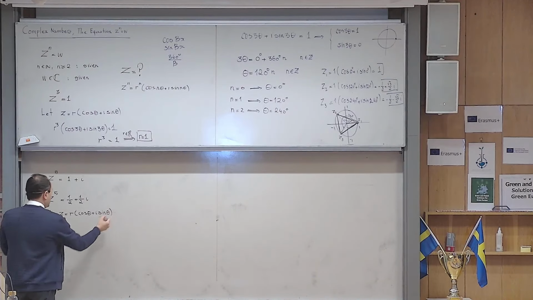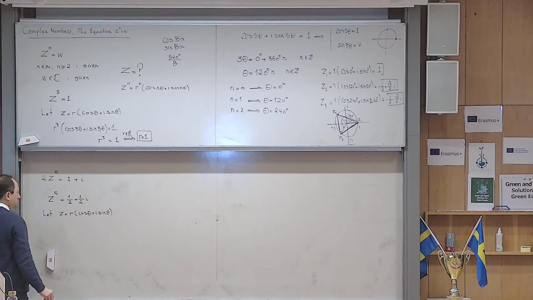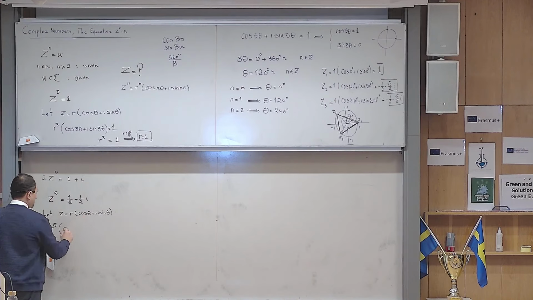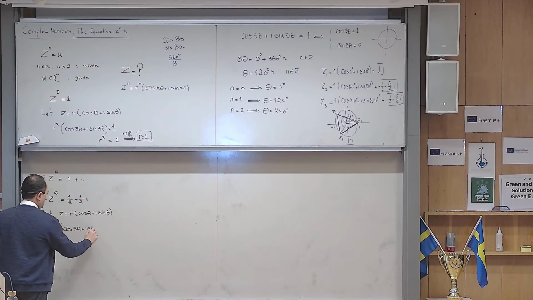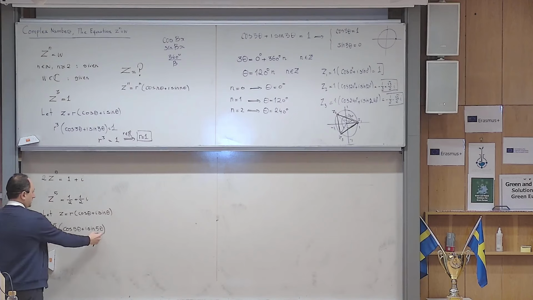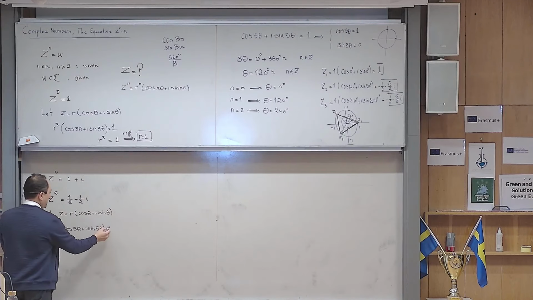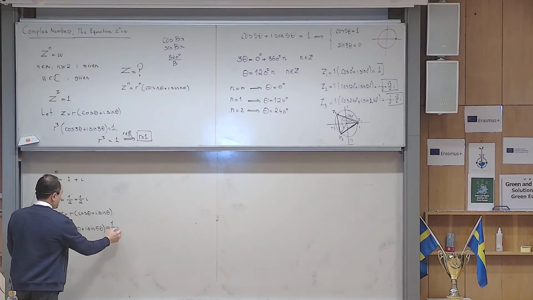And then you put it back into that equation. Okay, so it becomes r to the power of 5. 5 goes as a multiple here. When I put this back here, I get this equal to 1 over 2 plus 1 over 2i.